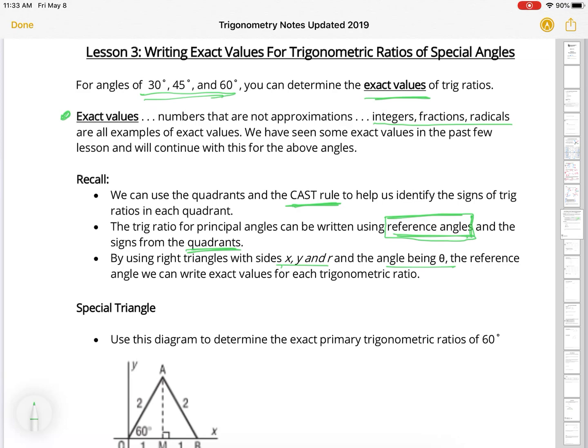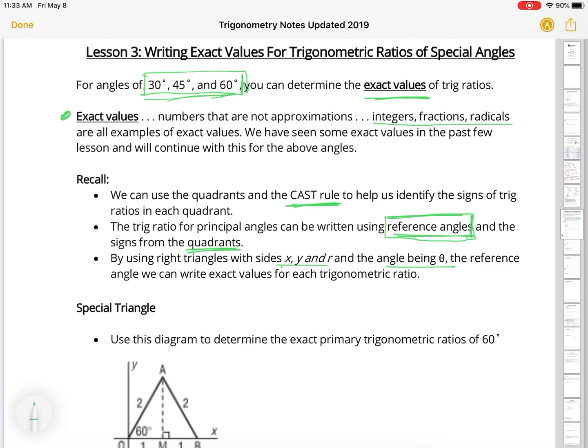By using right triangles with sides x, y, and r, and the angle being theta, the reference angle, we can write exact values for each trig ratio. So we're going to learn some special triangles, and these special triangles are going to have the angles 30, 45, and 60 degrees.